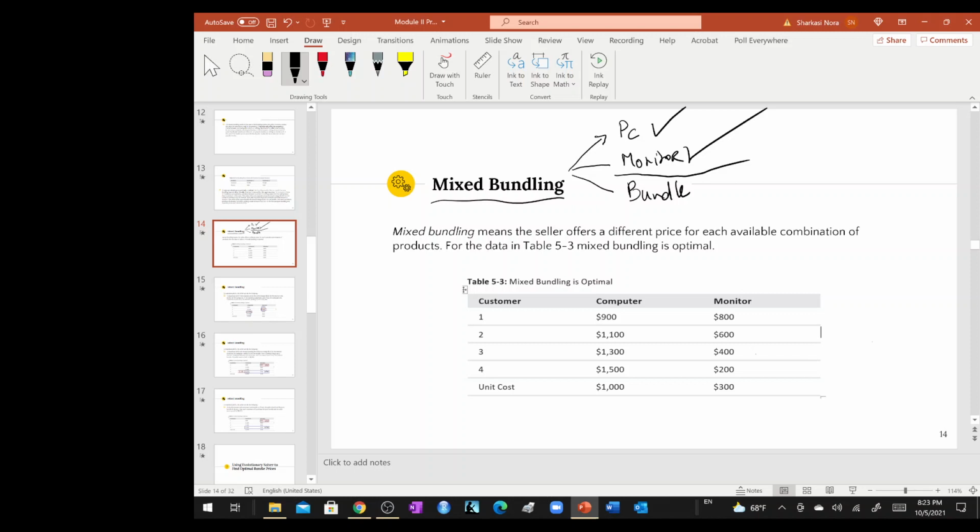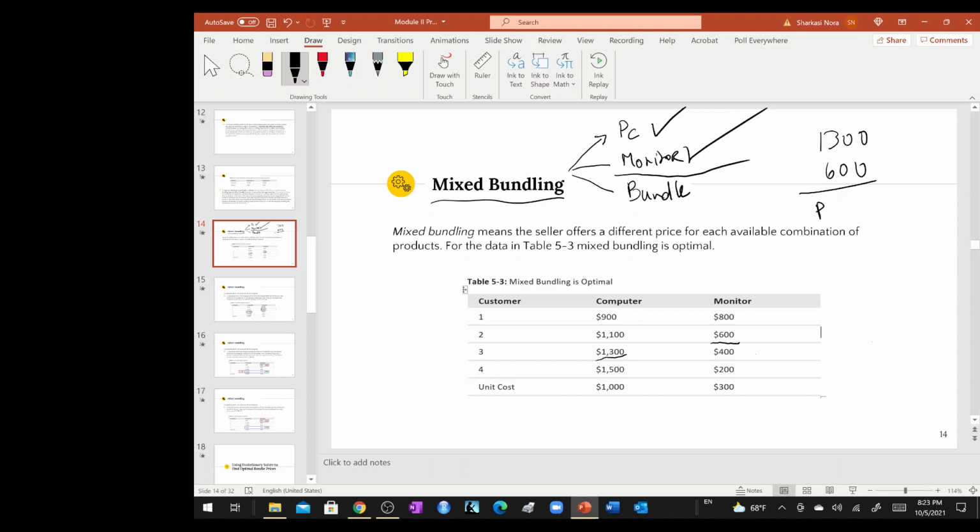So if we price this at 600 and this is at 1,300, then there is a possibility that you say, I'm going to price the whole bundle at probably 1,300 plus 600. But actually, this is not a good practice.